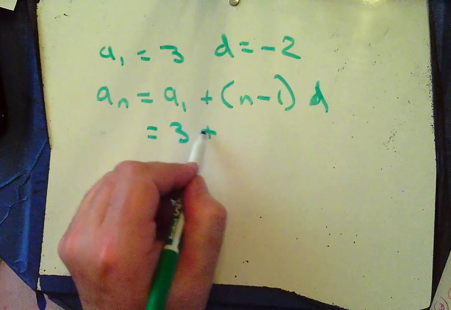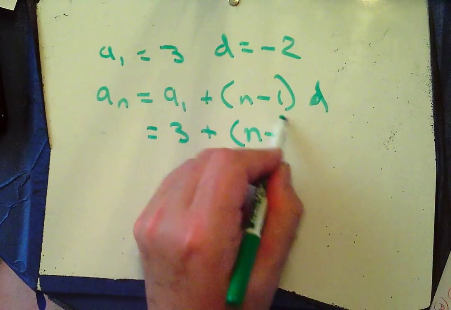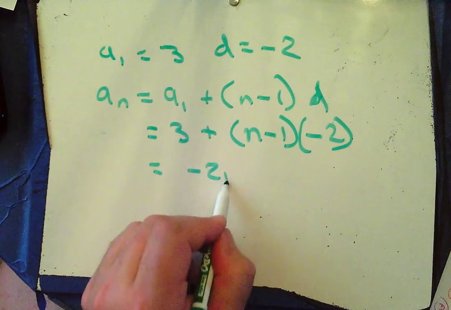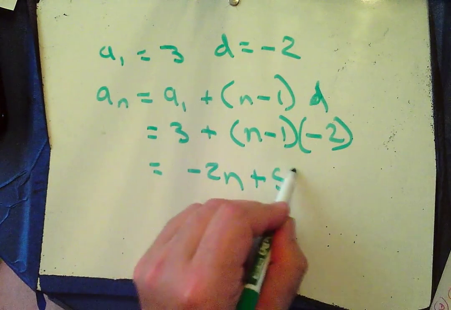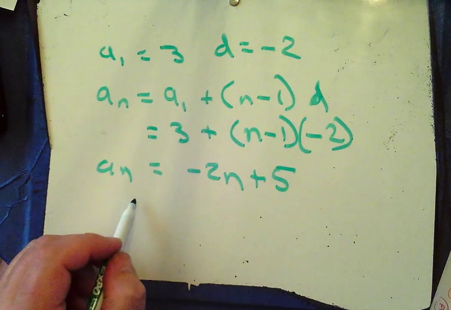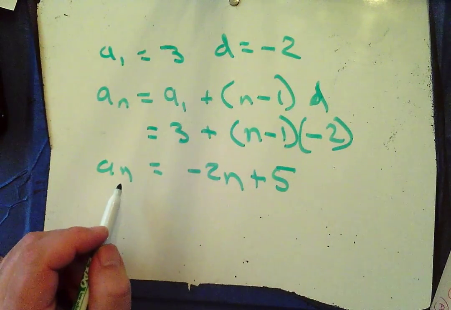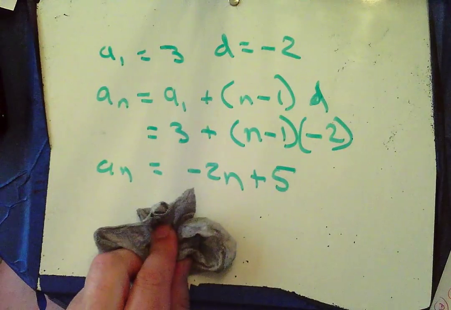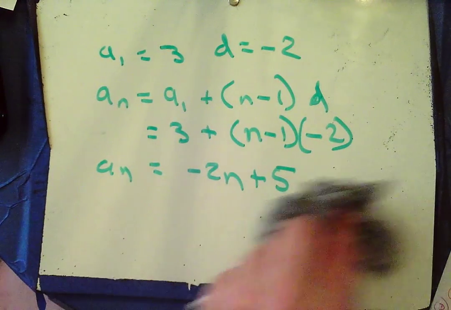We know 3 plus n minus 1 times negative 2. And if I tidy this up, negative 2n plus 5 is a sub n. And then I could plug in my values 1 through 5 into this to find the first 5 values. And you think, well, no, really, I'm just going to do it that first way you showed me. Okay, yeah, that's fine.